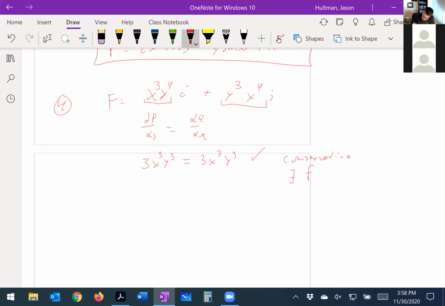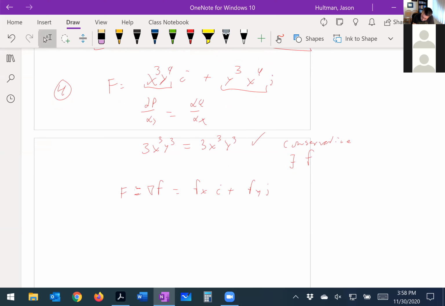Let's do this. F is equal to the gradient of f, which is equal to f sub x i plus f sub y j, right? So what was f sub x? Well, f sub x would have been equal to x cubed y to the fourth.